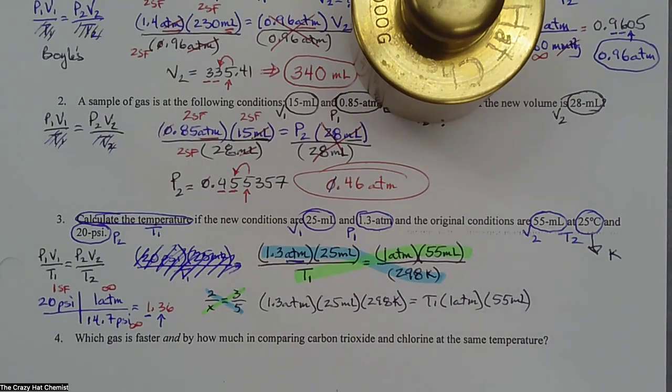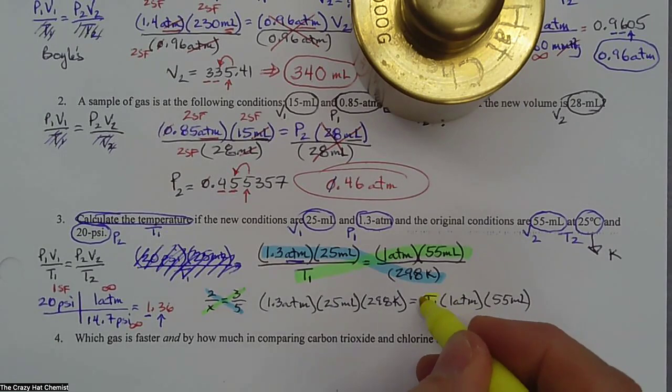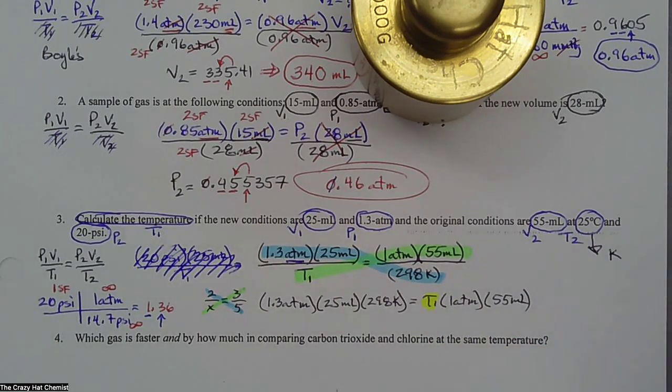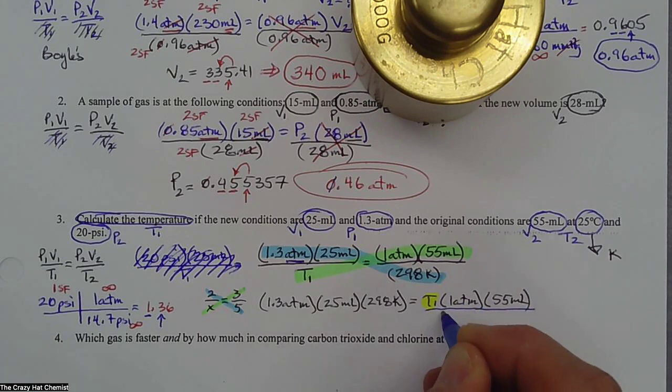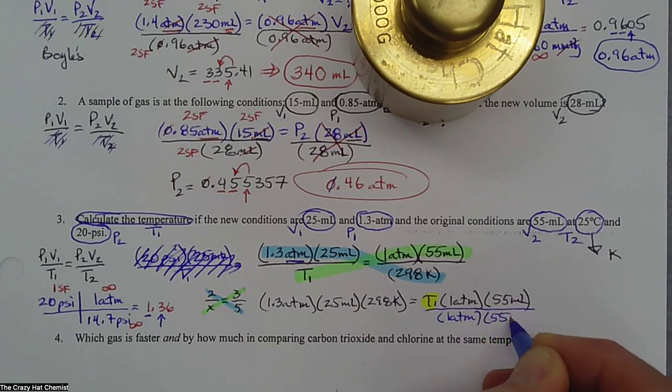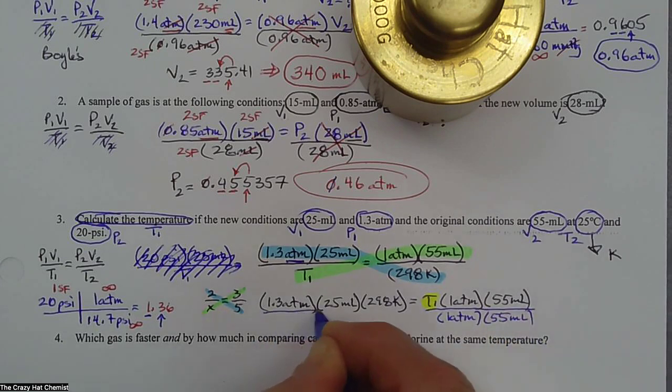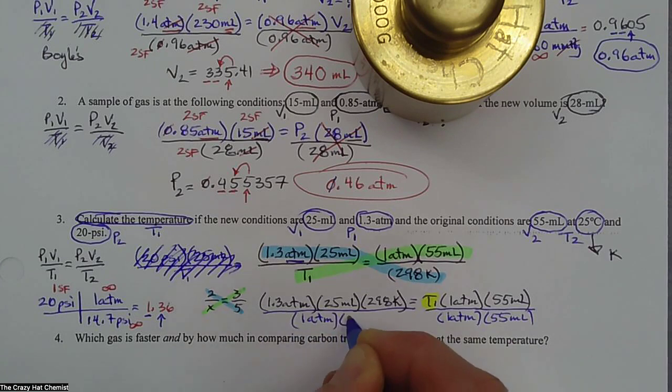I am trying to solve for this T1, so I want to isolate this all by itself. Therefore, I'm going to divide both sides by what's next to it. That's 1 ATM and 55 milliliters. All right, so that's divided by 1 ATM and 55 milliliters. Just like that.